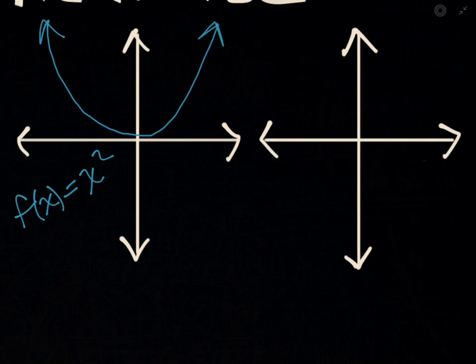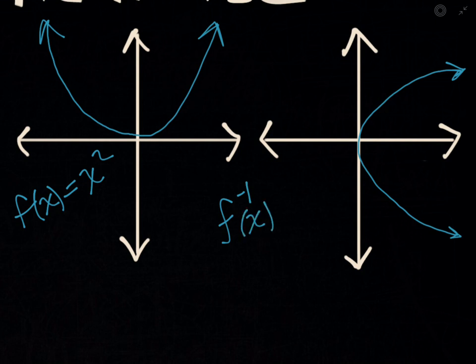We'll call this the inverse of f, right? And you could write that like this. The inverse of that equals, whatever you want to say, it's probably plus or minus the square root of x, like that. So those are our two functions.